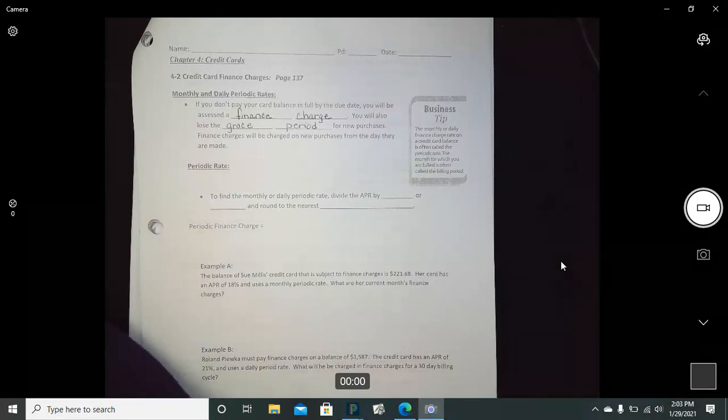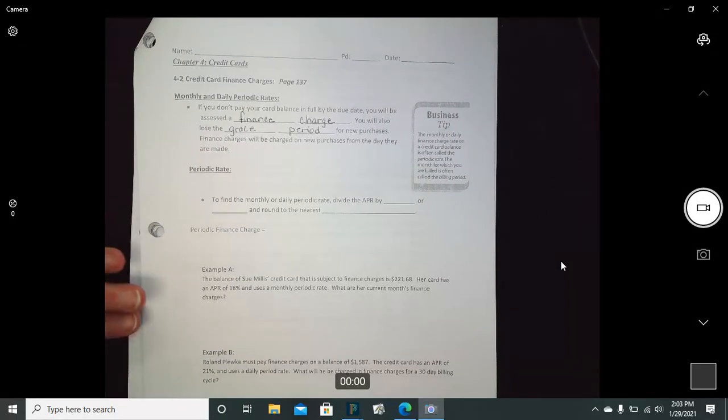So instead of paying it off at the end of the month and starting new, you don't get finance charges because you paid it off the month before. Now, any new purchases, let's say you purchased it today, it's going to start from today. You're also going to be charged finance charges on that because there is still a balance on your card.